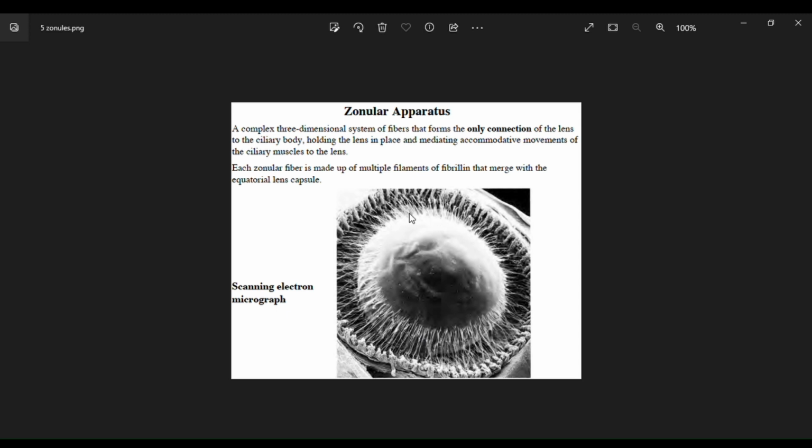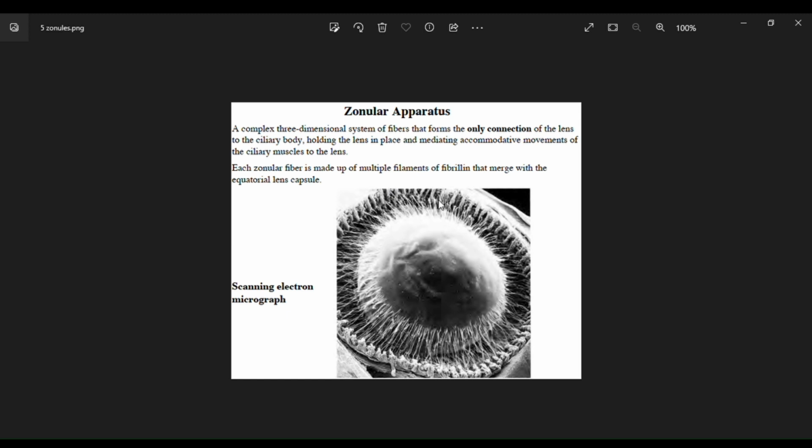You can see the back surface of the lens attached via all of these zonules, these fibers, to this ring muscle, the ciliary muscle. Now this is a sphincter muscle, so when the muscle contracts, it gets smaller, and as this muscle contracts and gets smaller, the distance between these fibers and the lens, or the tension on these fibers, loosens.